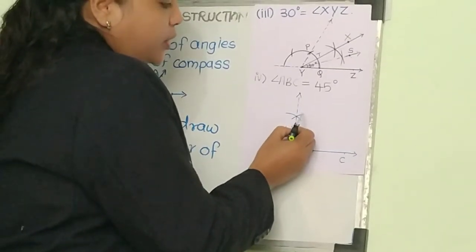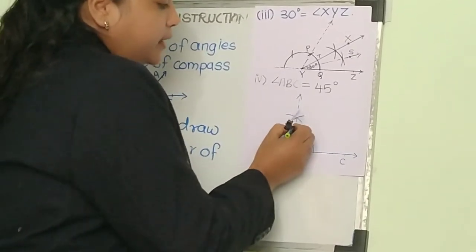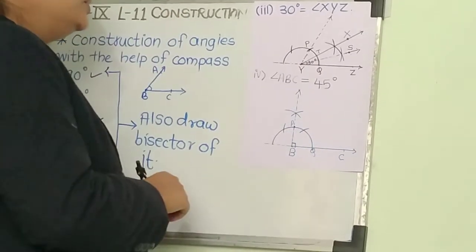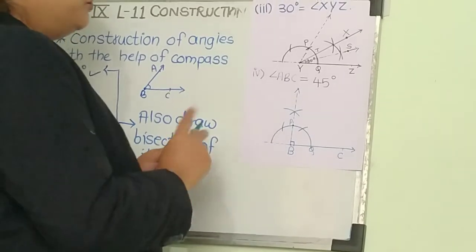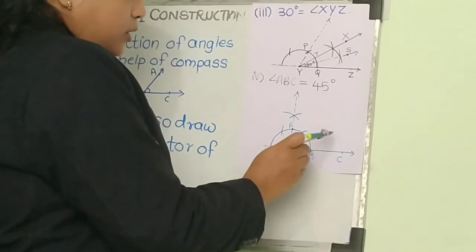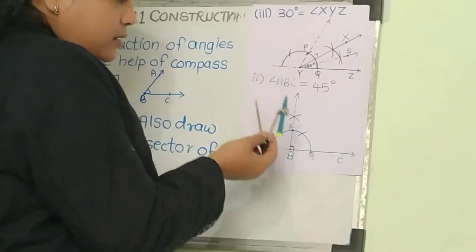So first I will draw here one point, that is P, and here Q. Through the point P and Q, with fixed distance in our compass, we have to mark the arc. So it is my fixed distance.